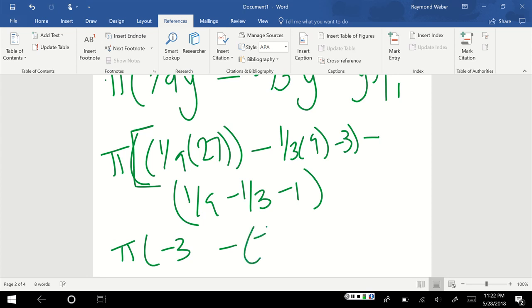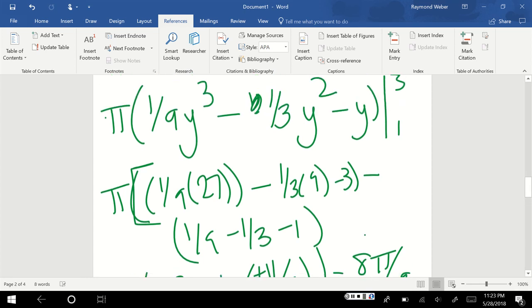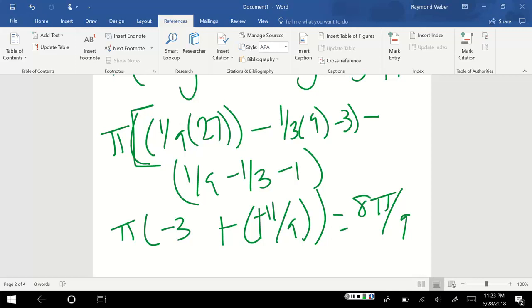Equals minus 11/9. So add those together, 11 minus 3. Let's see what I got here. 8 pi over 9. And hold on a second, I'm checking my math here. So 27/9 minus 3 minus 3. 1/9 minus 1/3 minus 1.